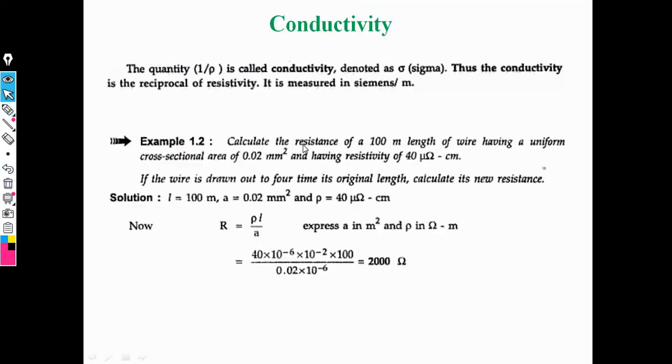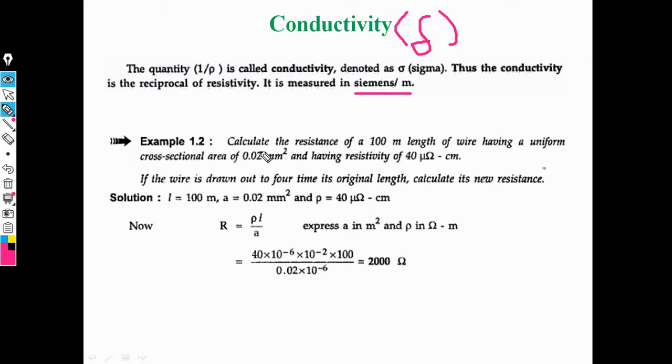The reciprocal of resistivity is called conductivity, and the unit of conductivity is Siemens per meter. This is the definition of conductivity.